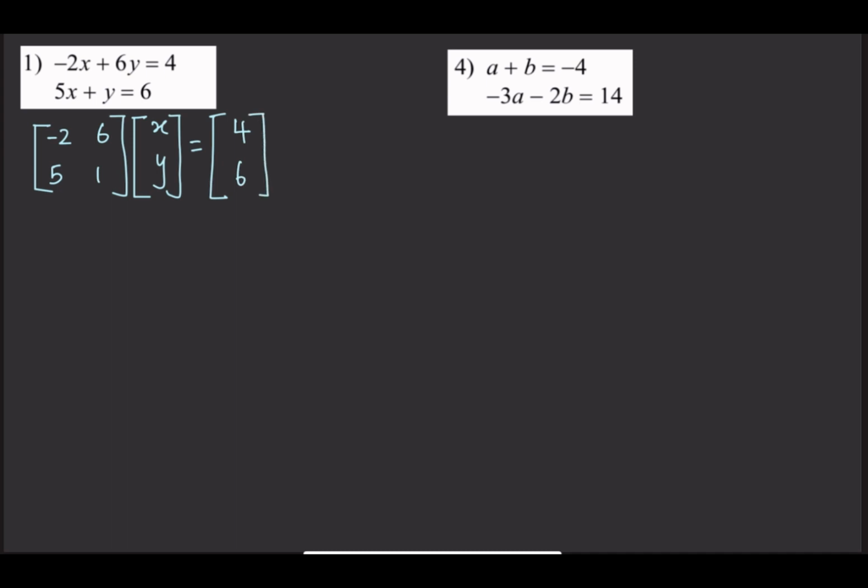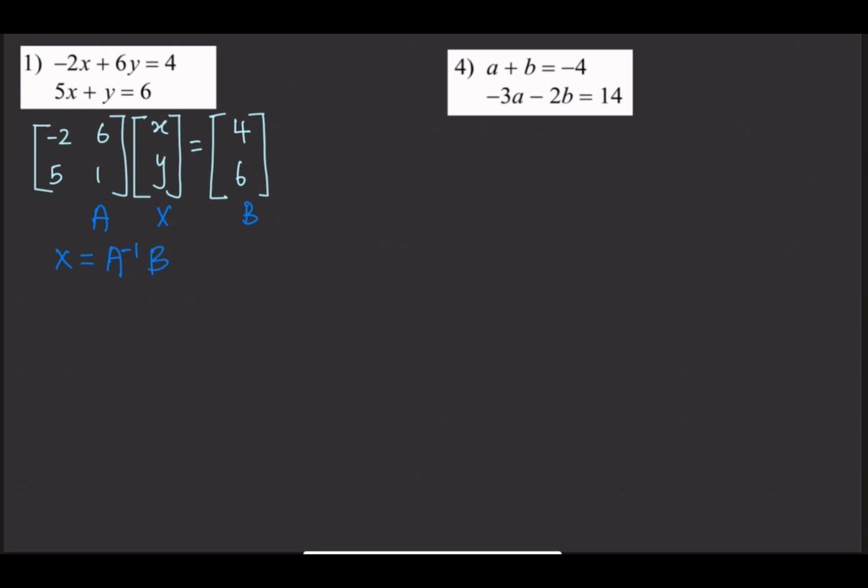Right, now we move it over. Remember, label this as A, X, and B. And then we want to find X equal to A inverse of B. Right?